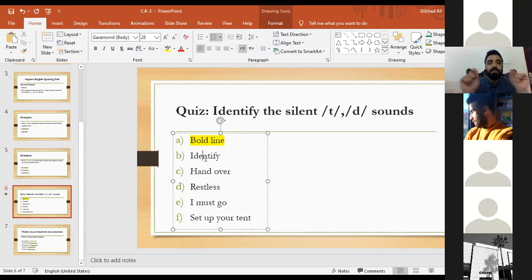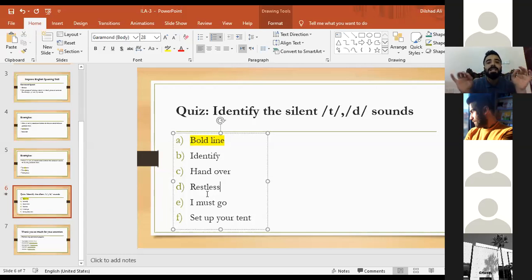Because te and de sounds are not coming between two consonant sounds. Hand over, we read it as handover, handover. We read the sound. Why? Because what comes after D is a vowel. We said both must be consonant sounds. So C does not apply.